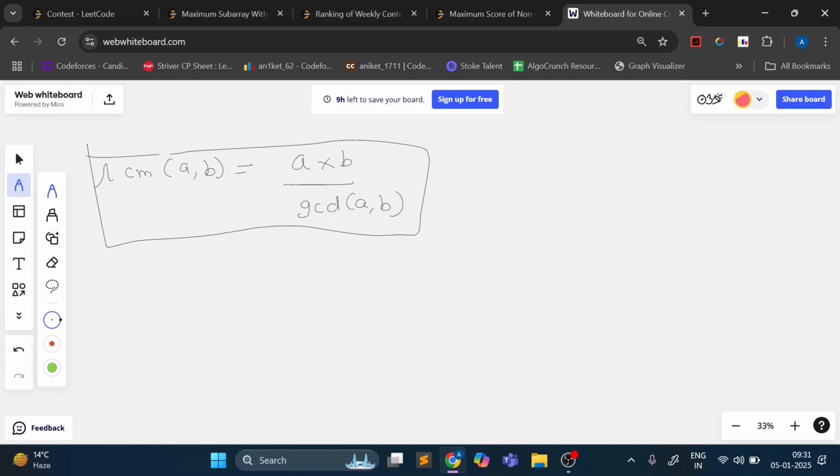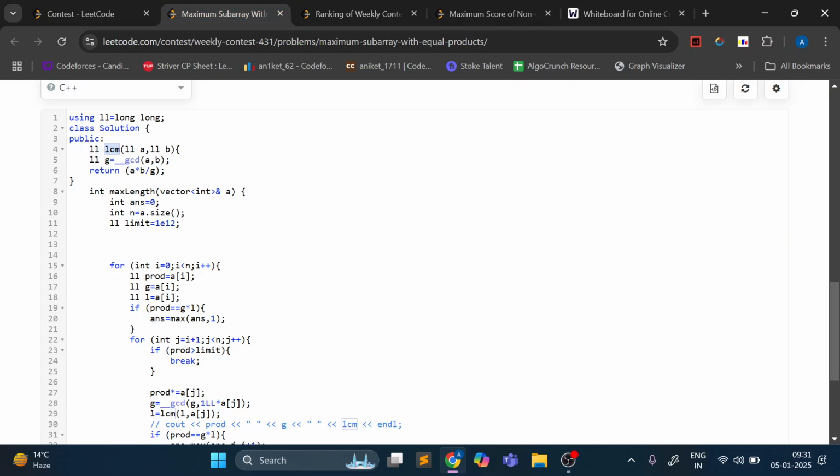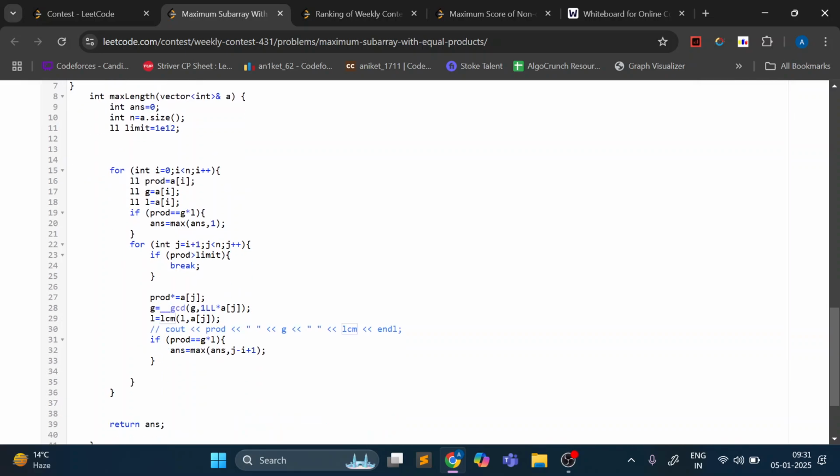You should try to remember this, and also you can take a look at the proof of this. So basically I found all three variables for that subarray, and then I'm just checking if the product is equal to GCD times LCM or not. If this condition is satisfied, I'm just taking the answer as the max of j minus i plus 1, which would be the length of that subarray.